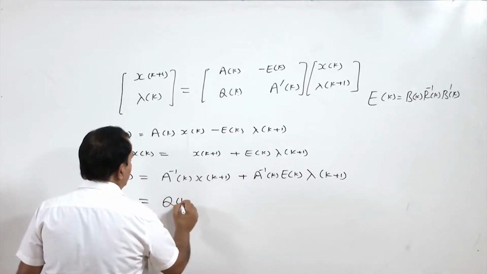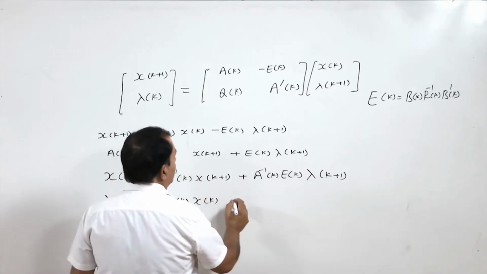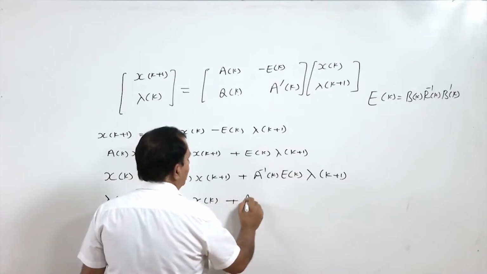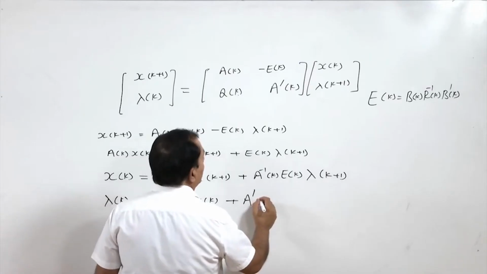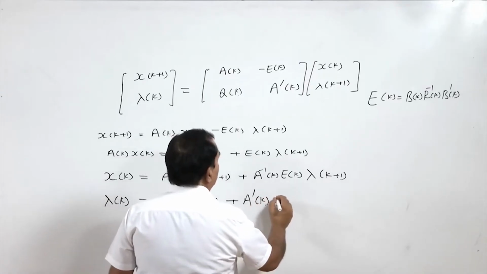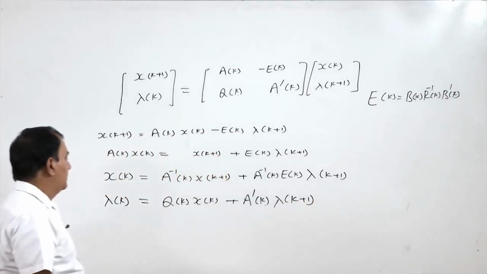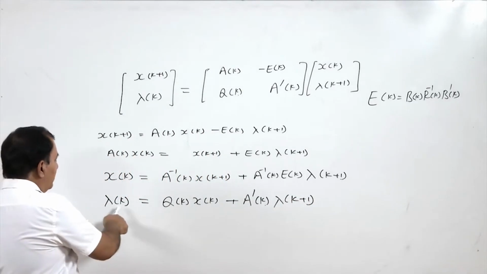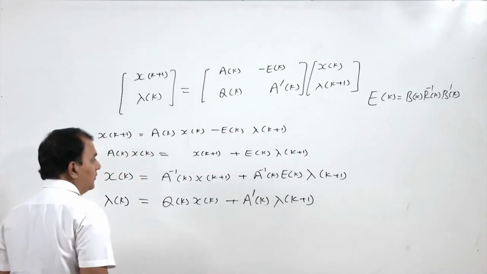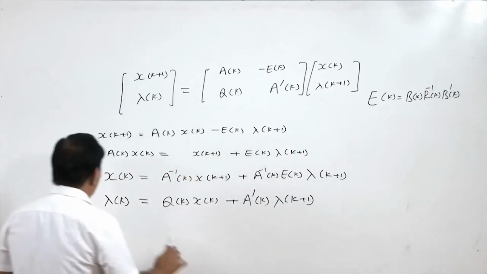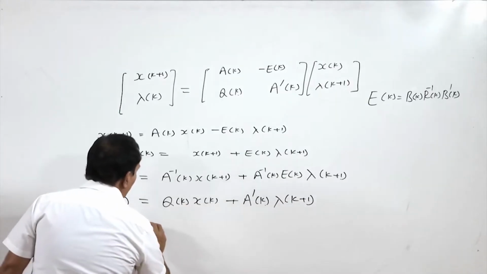this is Q k x of k plus A transpose k lambda k plus 1. So, this lambda k I have to represent in terms of x of k plus 1, lambda of k plus 1. This is already the lambda of k plus 1. So, I can substitute this x k at this place. So, what I will get?